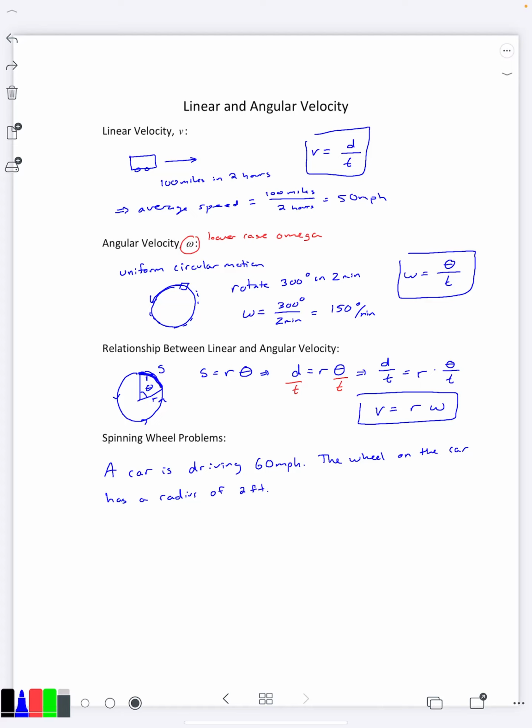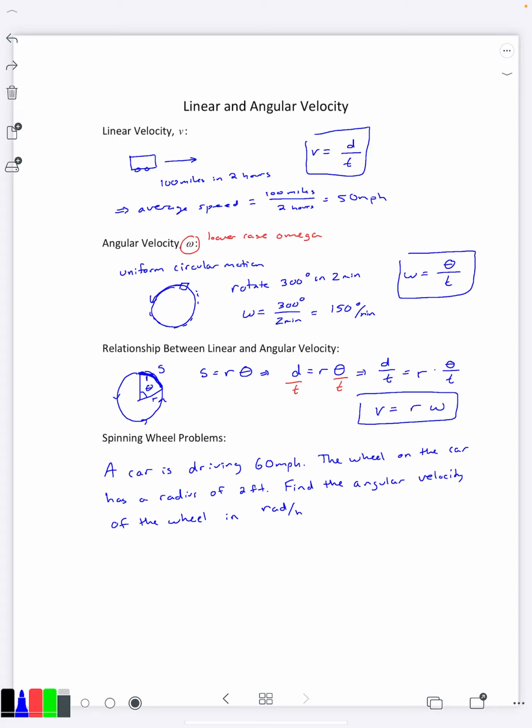Now, generally cars would not have a wheel that's radius 2 feet, but I'm just trying to make my numbers work out a little nicer here. What I want to do is find the angular velocity of the wheel in radians per hour.